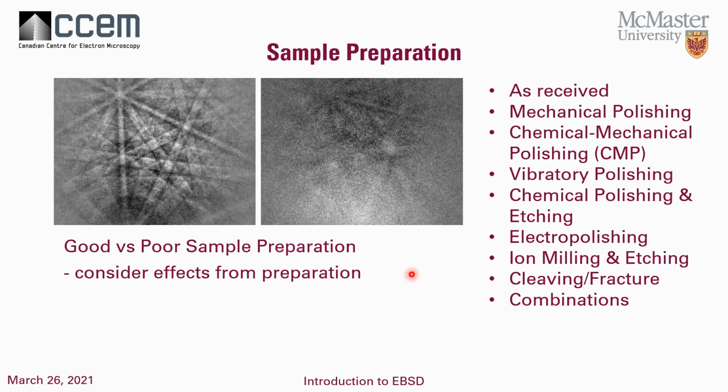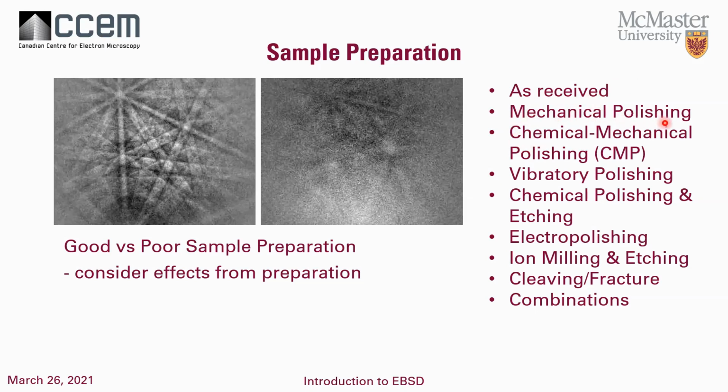Also, you don't want to cut the sample and introduce a lot of damage that you can't remove during the preparation, or have poorly removed during the preparation. So sometimes we'll be lucky. We might be looking at things like thin films or nanostructures where we're just going to look at it as received.